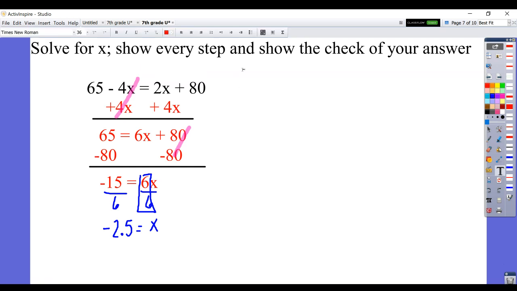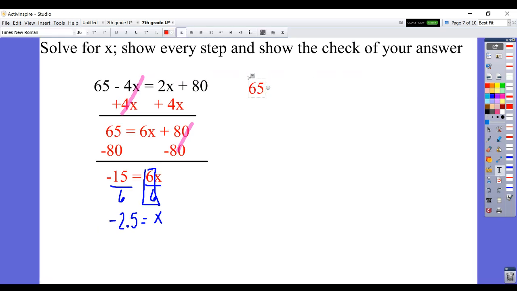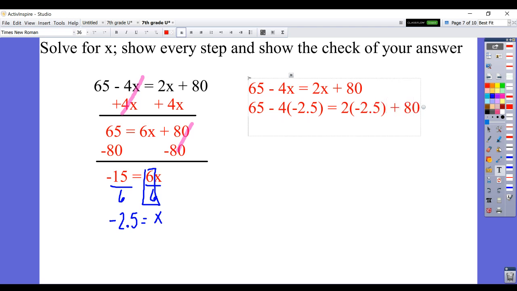Now I'm going to show my check. Again, for showing your check, you write the original equation. You replace the x with the value you found x to be, which I have found it to be negative 2.5. And if I've done something wrong, I should be able to tell at my check.